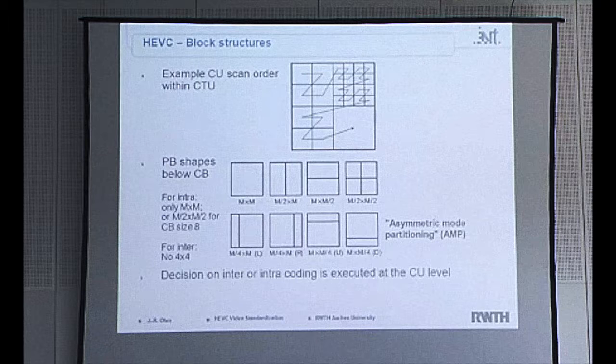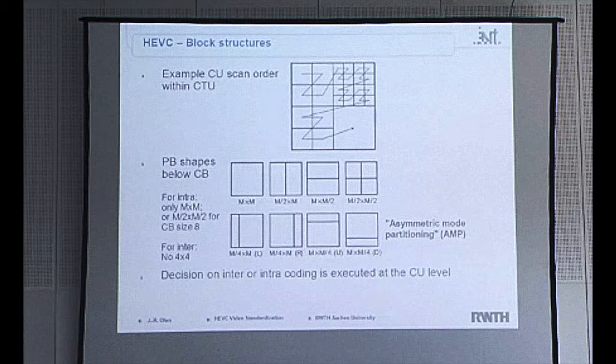We found that 4 by 4 is not really necessary for interframe. For intra-picture prediction, when you predict from the same picture, you also need 4 by 4. We have also investigated smaller, but with the overhead information that we have, it does not pay off.